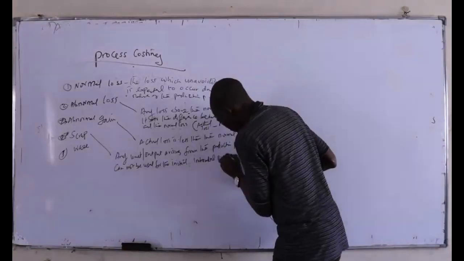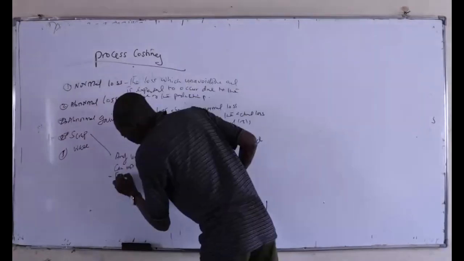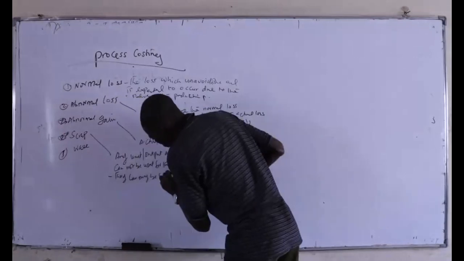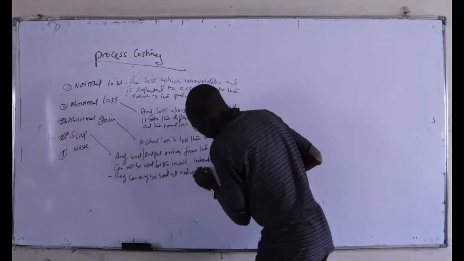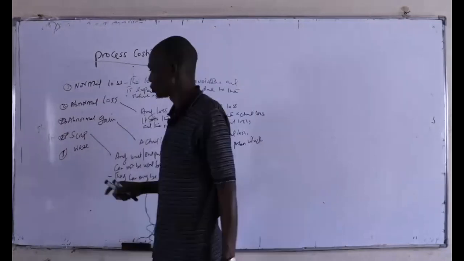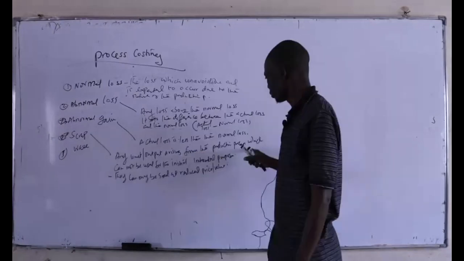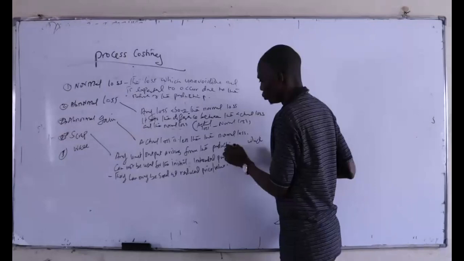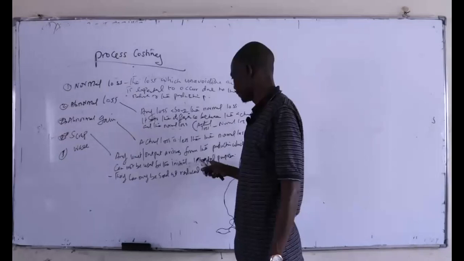They can only be sold at a reduced price or value. Such is what we are referring to as scrap. So any unit or output arising from the production process which cannot be used for the initial intended purpose, such is what we are referring to as scrap.